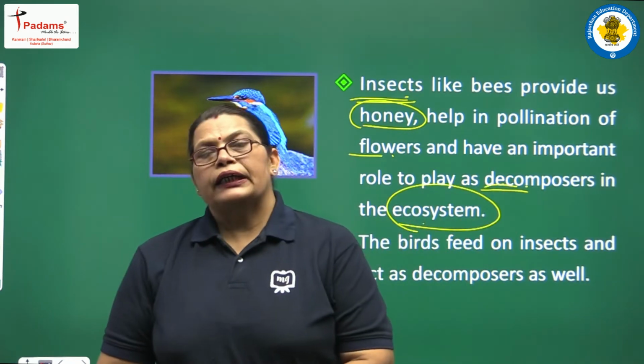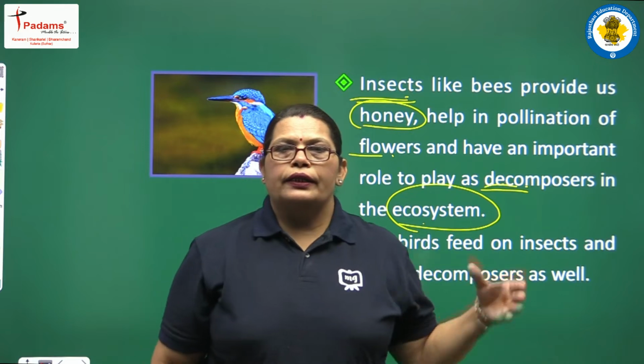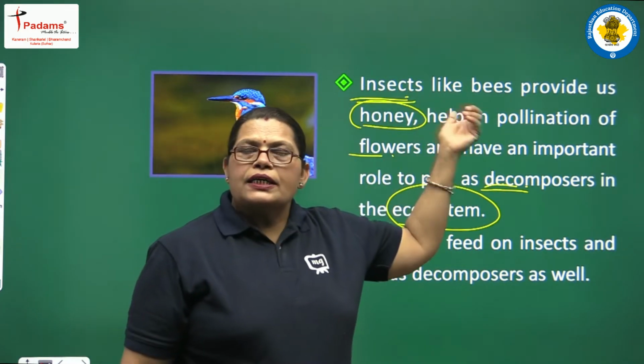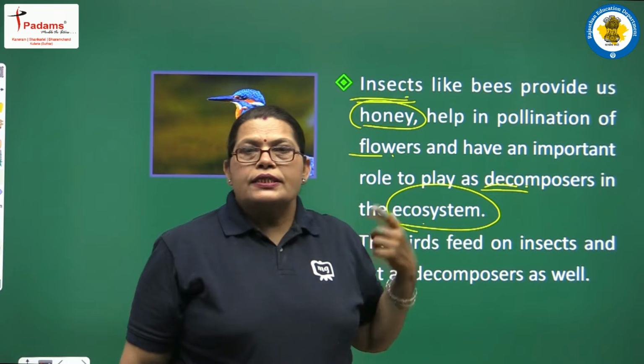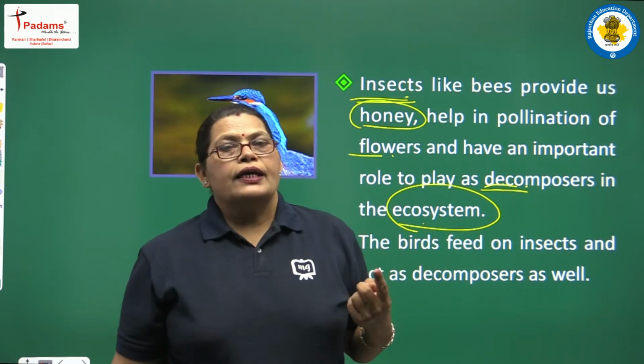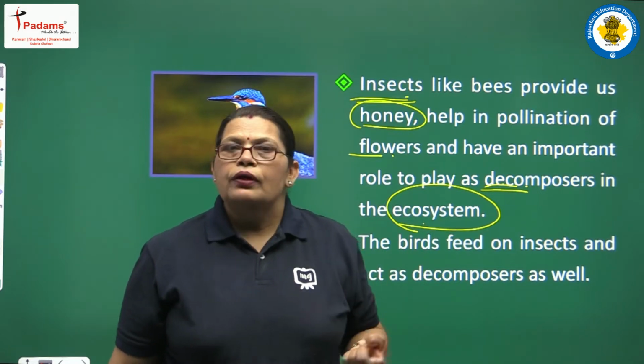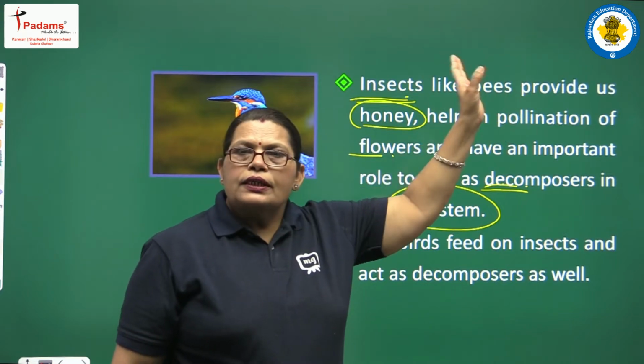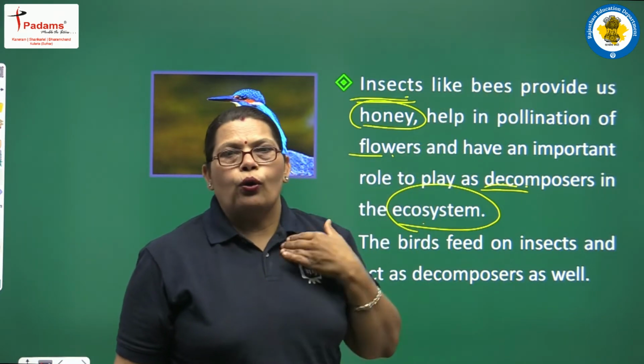So insects play important roles in eco life also. The best example of insects is honey. Yes, we get honey from whom? We get honey from bees. So this honey is so important for all of us.